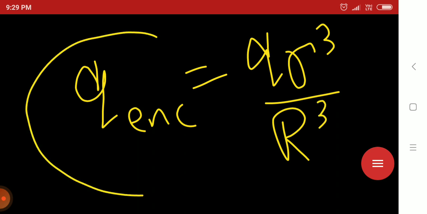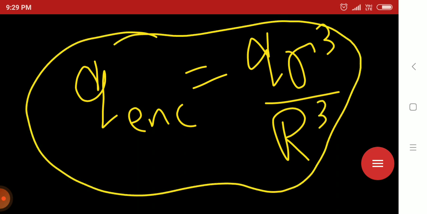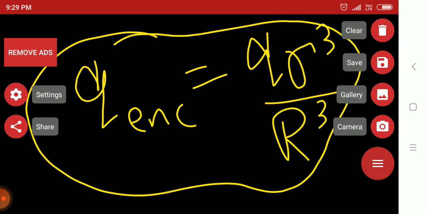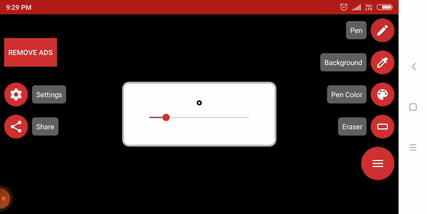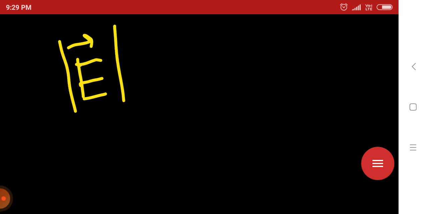Now we will put this Q enclosed in the formula by which we obtain the electric field inside a uniformly charged sphere. So applying that formula, E and cos theta is 1, we have 4 pi small r square.